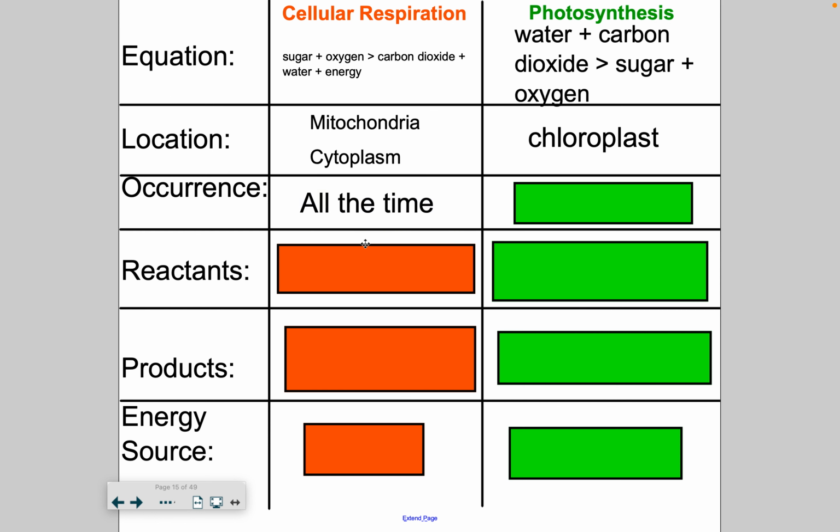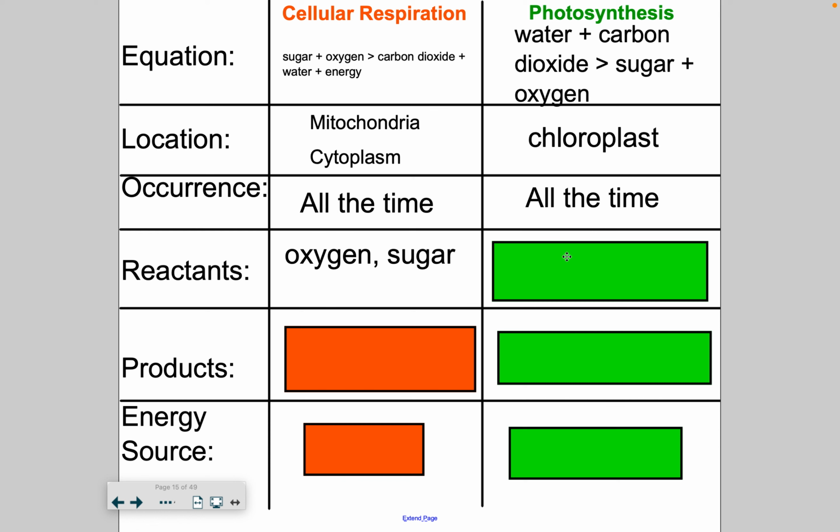The occurrence: when do we do this process? All the time. We have to make ATP all the time to carry out metabolism. Photosynthesis, all the time. Plant cells do this when they have every material that they need to make the glucose, but they do it for the most part all the time. Reactants, what goes into cellular respiration? Refer back to this equation. Sugar and oxygen.